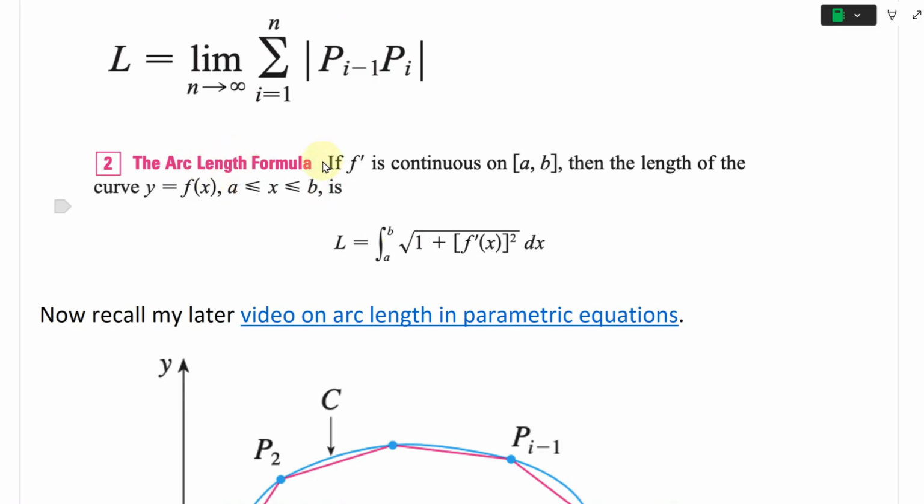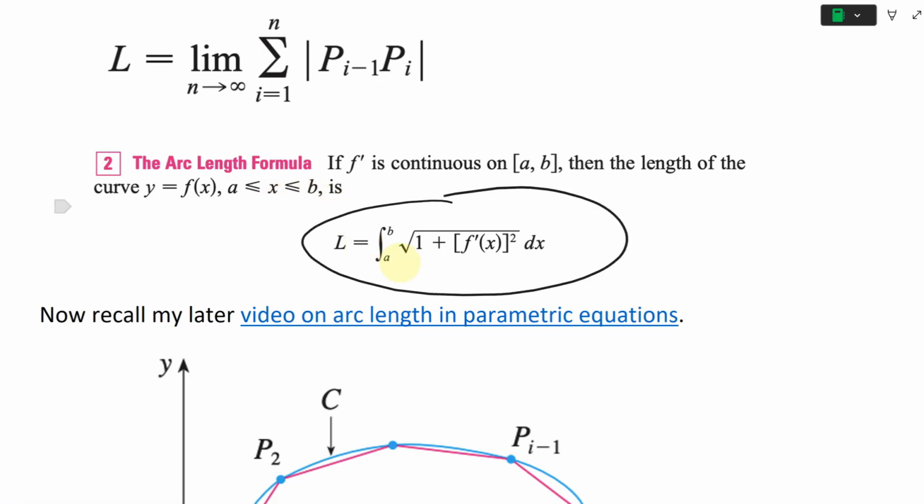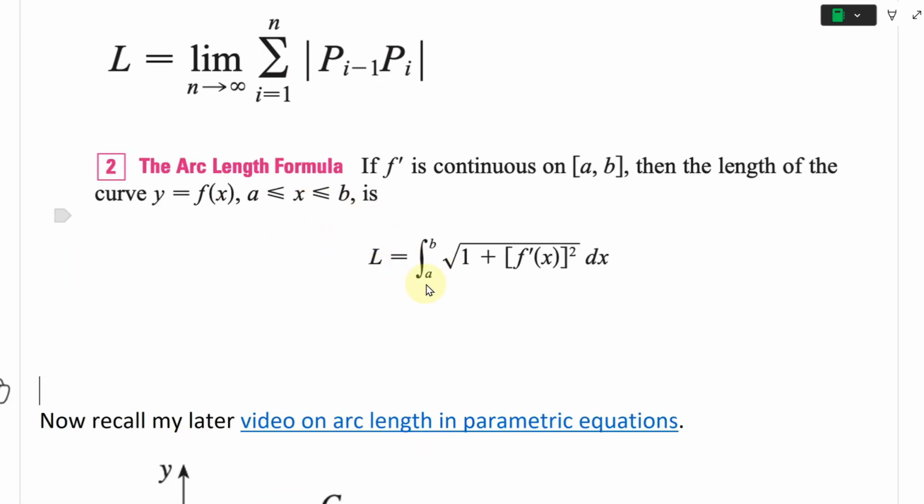And then the derivation obtained this one, the arc length formula. If f prime is continuous on [a, b], then the length of the curve y equals f(x), where x is between a and b, is going to be this limit right here. And this limit equals the integral from a to b of the square root of 1 plus f prime of x squared, and then dx.